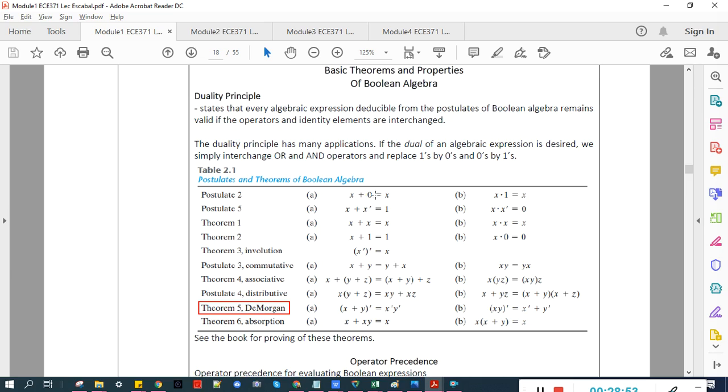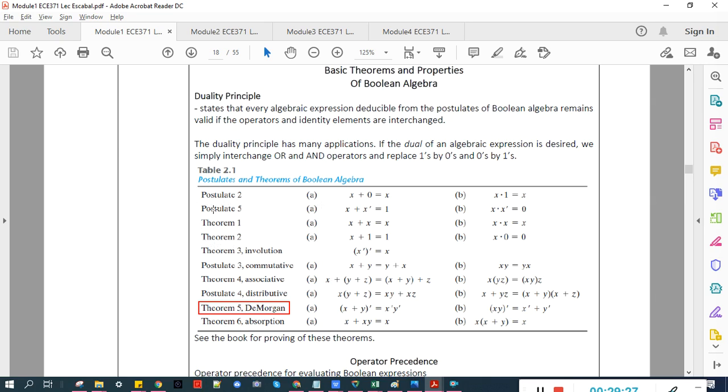X or 0 is always x, and the equivalent of that by the duality principle, if we replace this plus with the dot, and replace the identity element 0 with the 1, the result is equal to x. The same result. It's by postulate 2. Then x plus x prime.